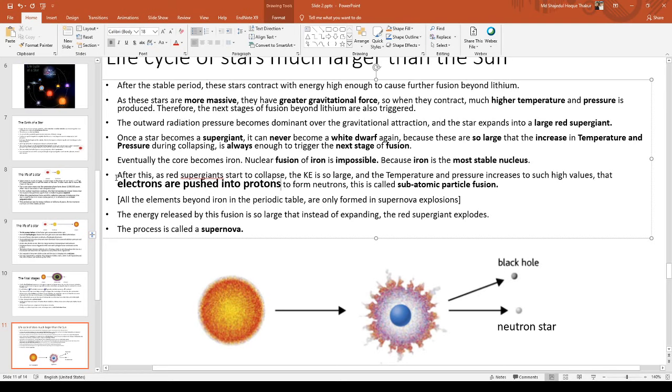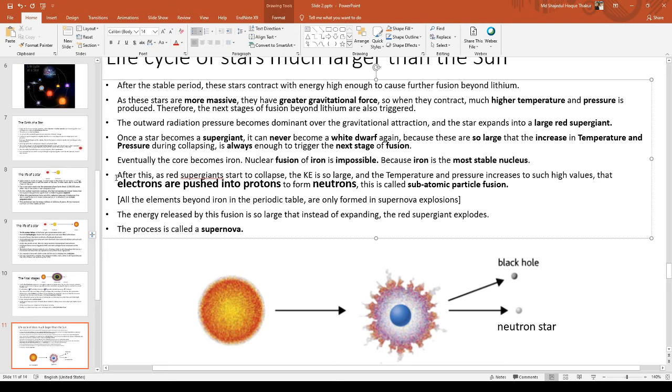Electrons are pushed into protons to form neutrons. Okay? So electron and proton are always attracting, no matter what, like there is always electrostatic attraction, but the electron is always orbiting the proton. It never comes near the proton.